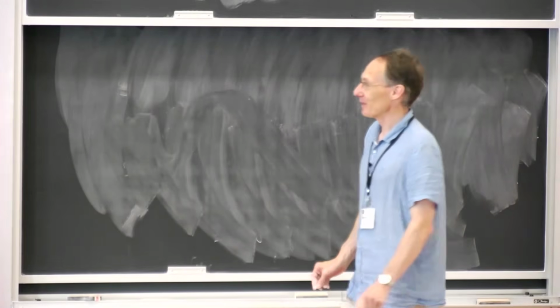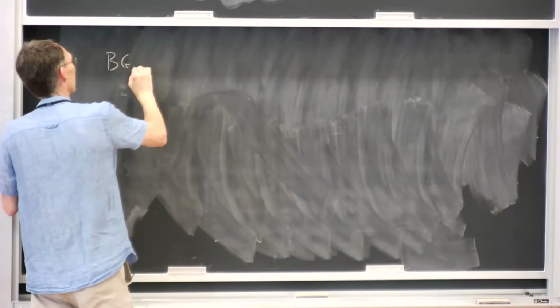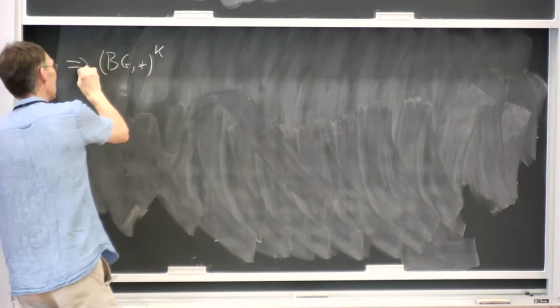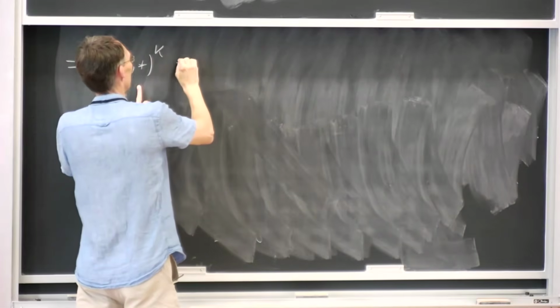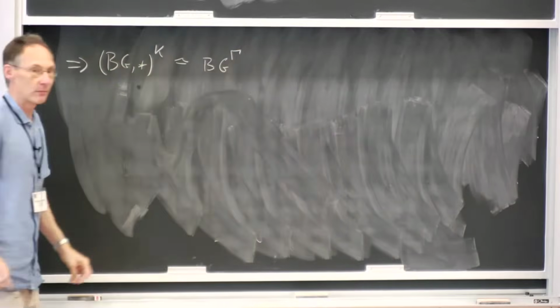The interesting thing about this is because this is an Eilenberg-MacLane space, it says that this polyhedral product is a classifying space for the graph product of G. Right?